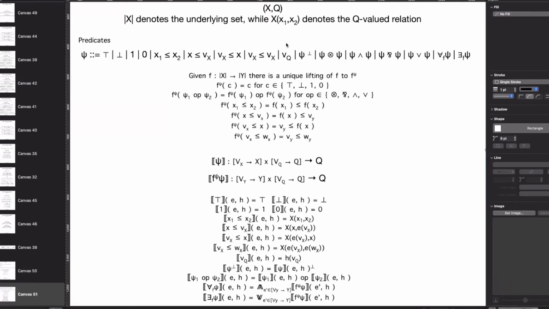We were living in an X-Q category, and we're going to move over to a Y-Q category. Then we know how to apply f to C according to these rules, so that'll allow me to interpret this thing over in Y land.